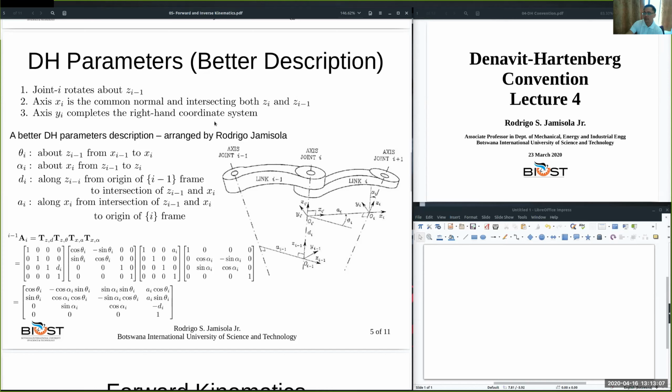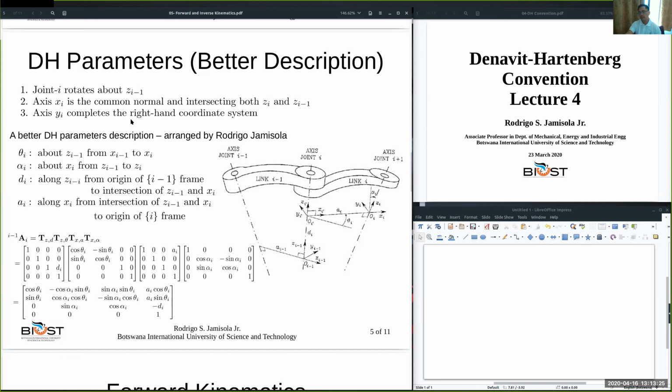Just for a review, joint i normally rotates about the Z(i-1) axis. That's the convention. And Xi is the common normal between Zi and Z(i-1), and Y completes the right-hand coordinate frame.